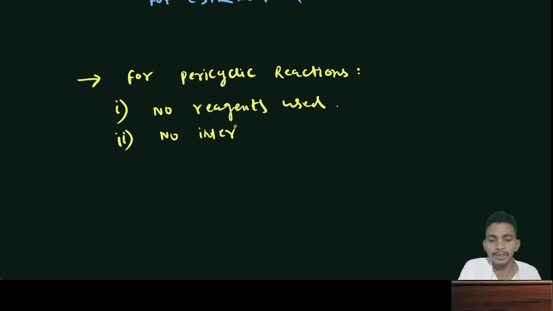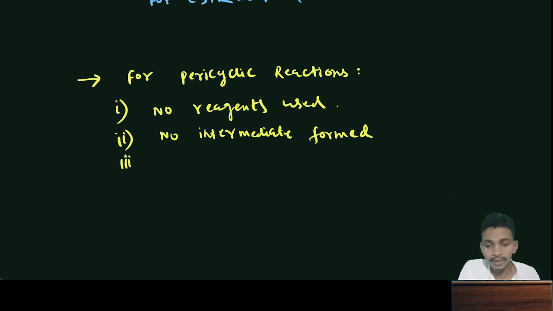Okay, no intermediate is formed here. It means we don't need to understand anything about an intermediate. If we have zero knowledge of intermediates, then also we are able to solve the questions from pericyclic reactions.